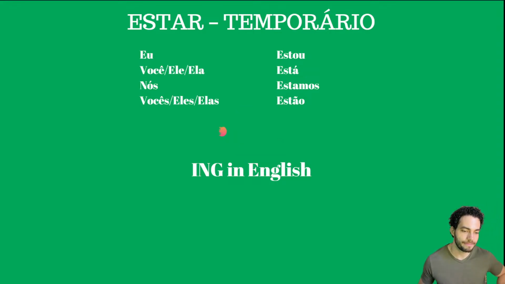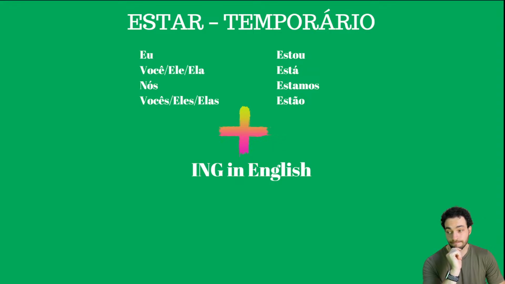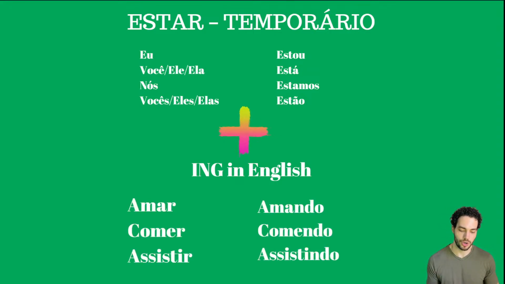How are you going to do that? Any guess? So, take a look at the verb. We have amar, comer, assistir. I always use these verbs because they're regular, but amar is to love, comer to eat, and assistir to watch.